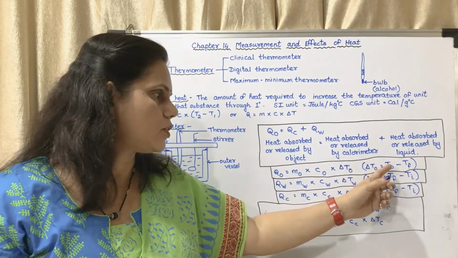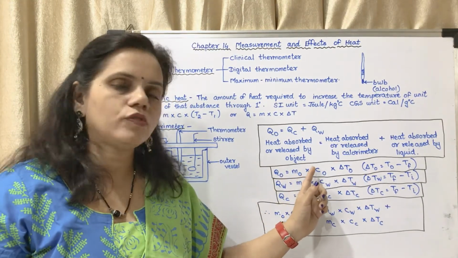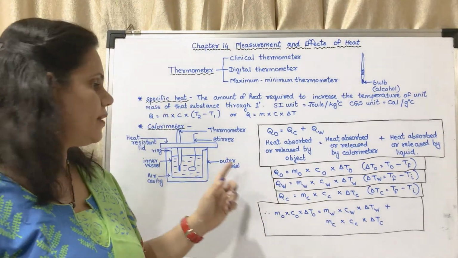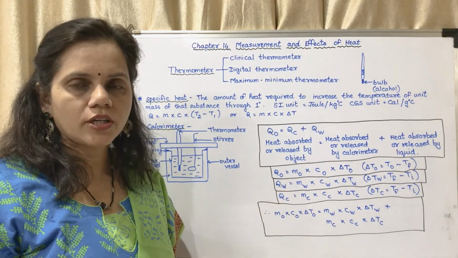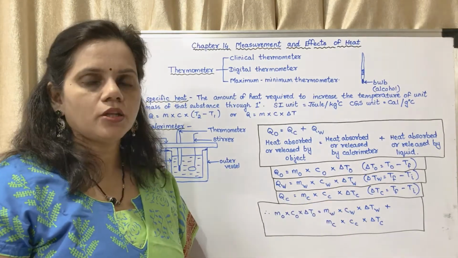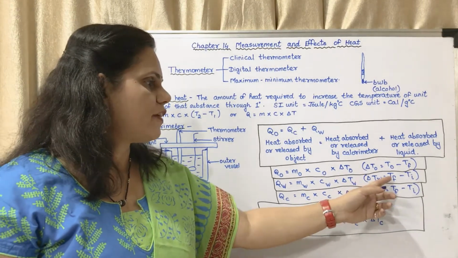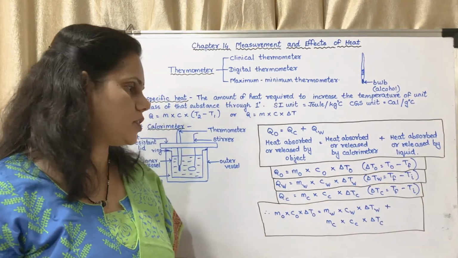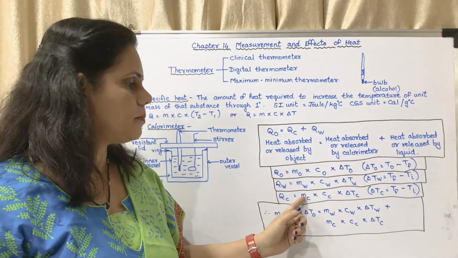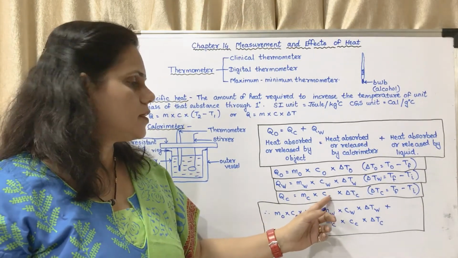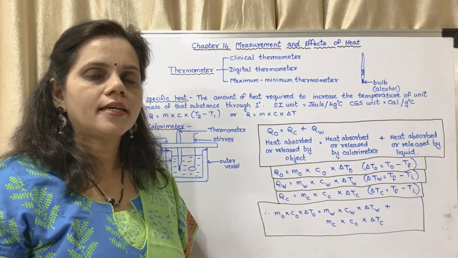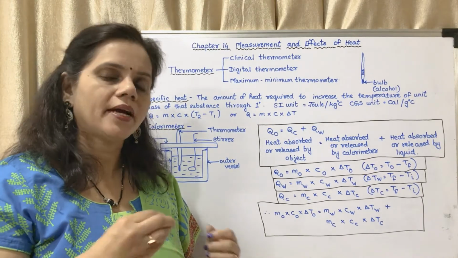Heat released Q_O is equal to m_O into c_O into ΔT_O. Similarly, for water, Q_W is equal to mass of water into specific heat of water into ΔT_W, that is final temperature minus initial temperature of water. For Q_C, that is the calorimeter or the copper vessel, it is mass of calorimeter, specific heat of calorimeter or copper, ΔT_C, the final temperature of the copper calorimeter minus its initial temperature.